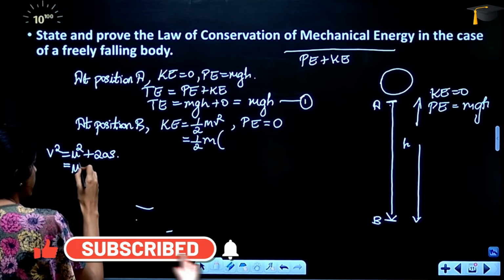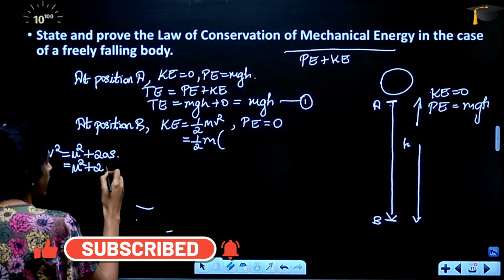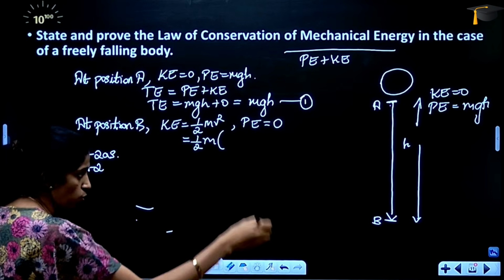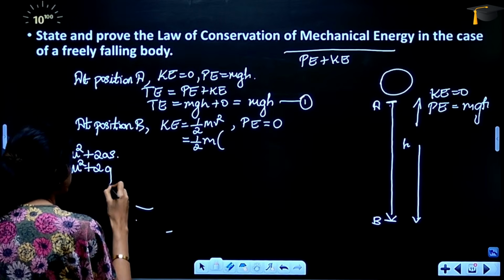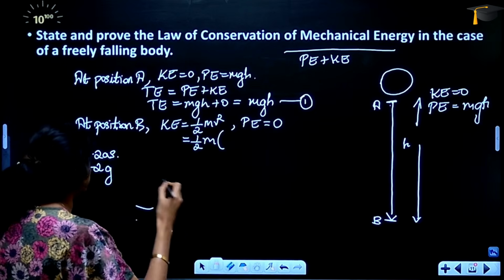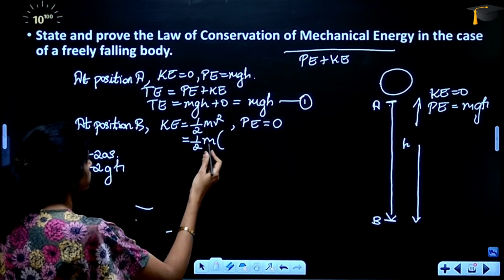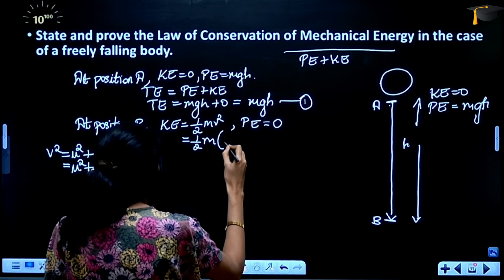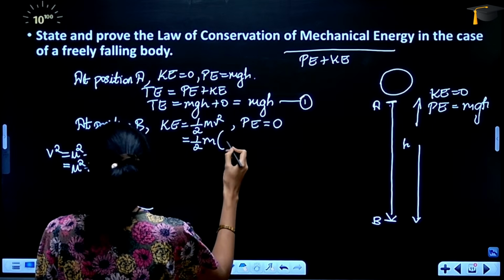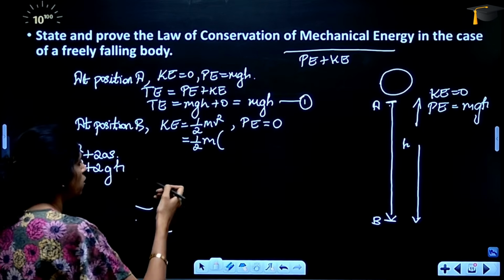Whereas this is a freely falling body, that's the reason a will be replaced by g, we are going towards the gravity, and s is nothing but height, so s is replaced by h. Okay, so instead of this, you can just take v square as u square plus 2gh.